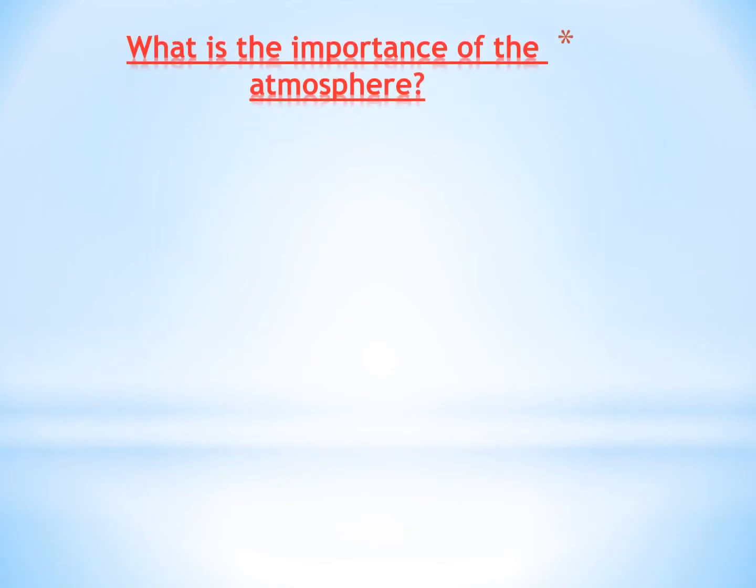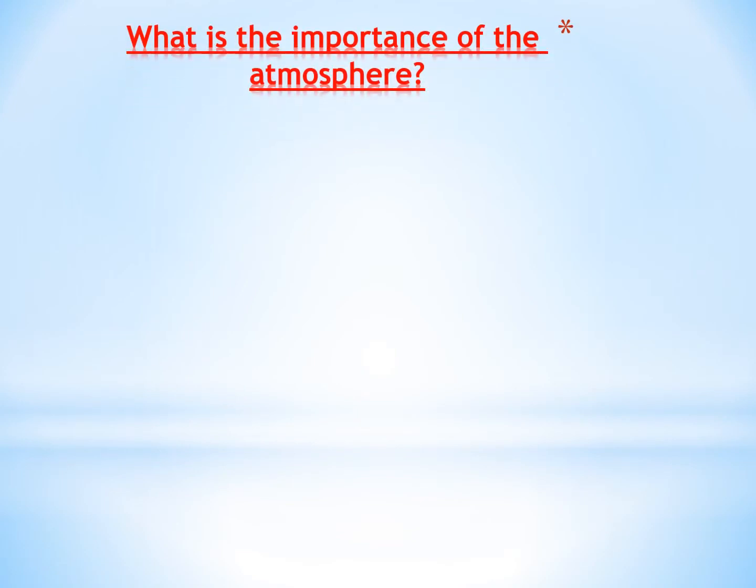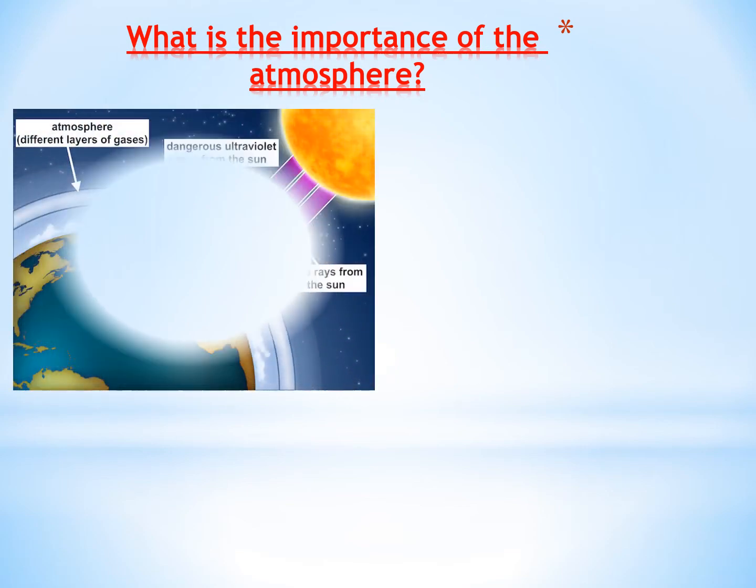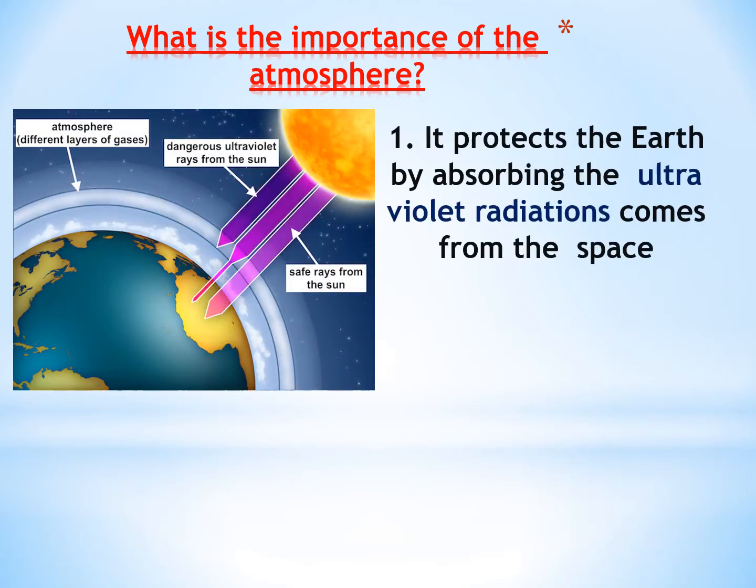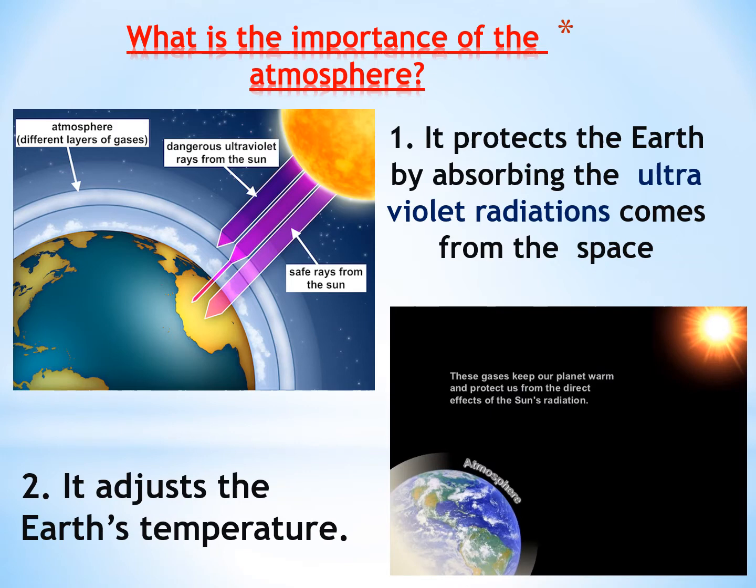The atmospheric layer has many importance. Now I will explain these importance. Number 1, it protects the Earth by absorbing the ultraviolet radiation, which is harmful radiation coming from the sun or from the outer space. Number 2, it adjusts or regulates the Earth's temperature.